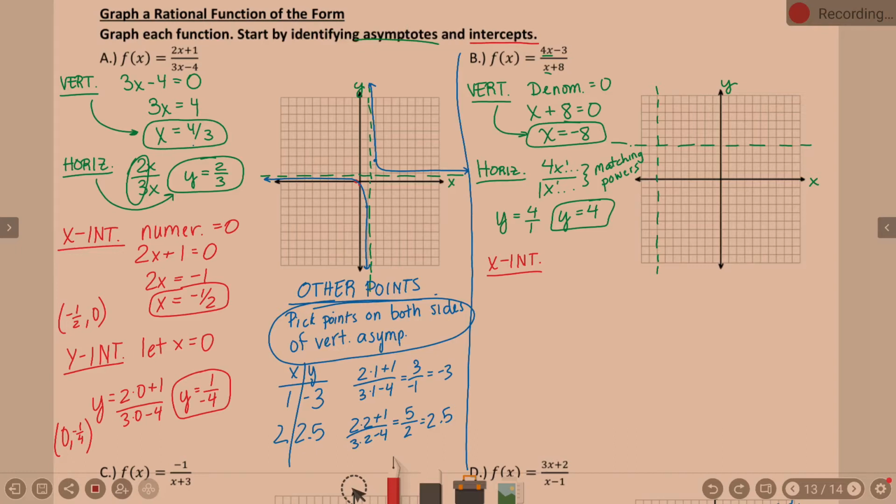And for y equal to 0, that's when this fraction equals 0. So the easiest thing to do is to set the numerator equal to 0. In this case, 4x minus 3 equals 0. Add 3. 4x equals 3, divide by 4, and x is 3/4.